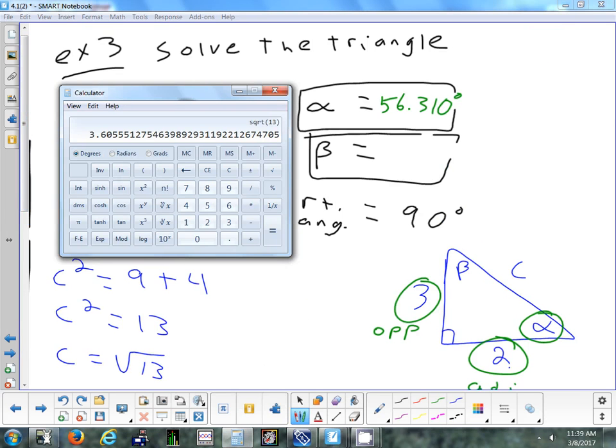So I'm going to find beta the exact same way I found alpha. But if I'm pretty confident about alpha, I'm thinking the answer should come out to 33.69. Okay, so just remember that. All I did was subtract alpha from 90, and I think beta should be 33.69 if I did alpha correctly. Okay, so let's find beta and see if that's what it comes out to.